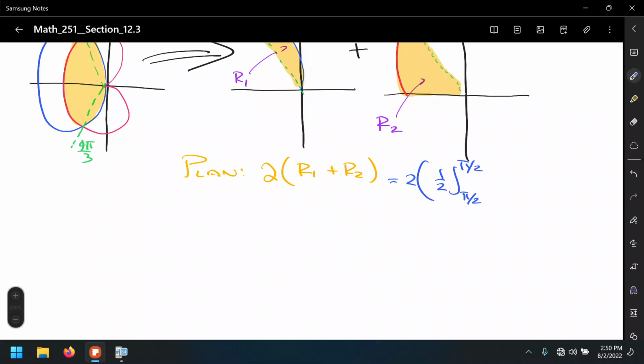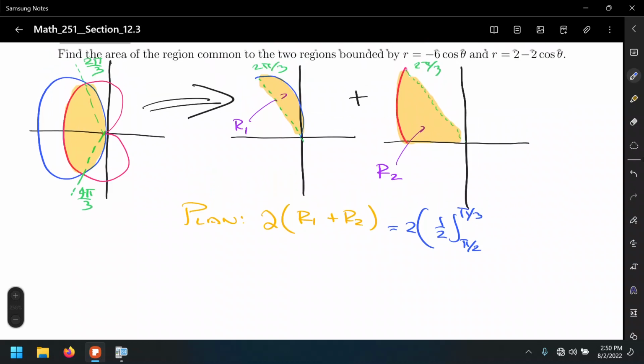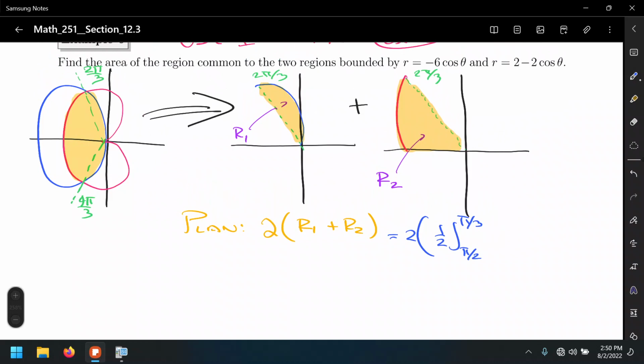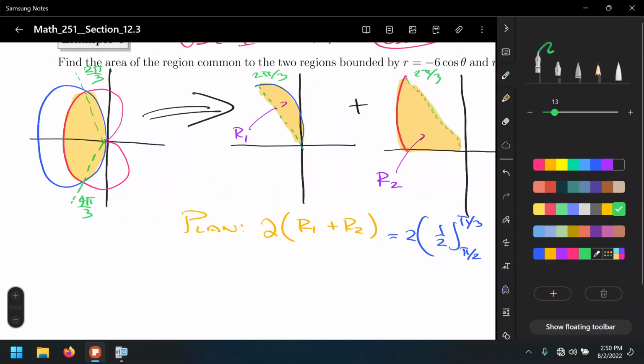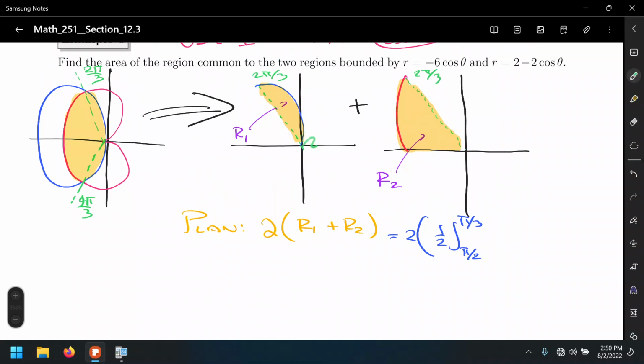Where did I get that pi over 2 and where did I get that pi over 3? This is right here in green. When the circle in blue touches the origin, or rather the pole, it's doing it with this angle, which is pi over 2. It's not 0.